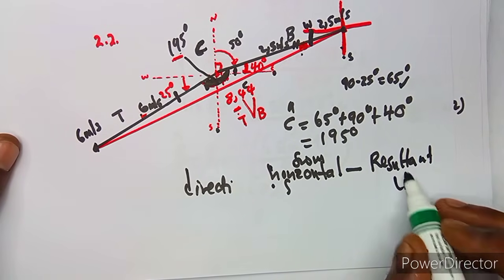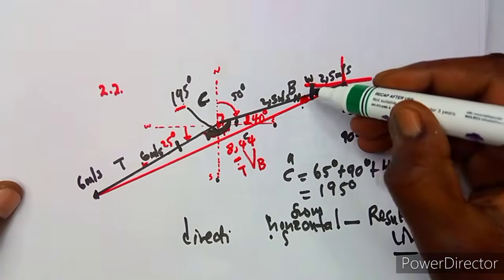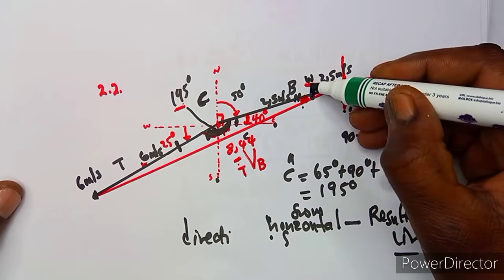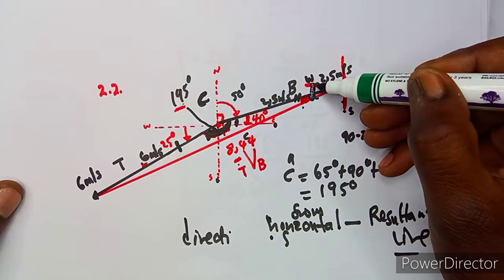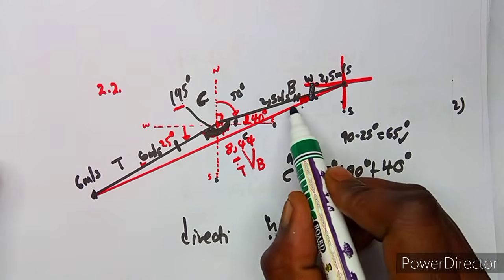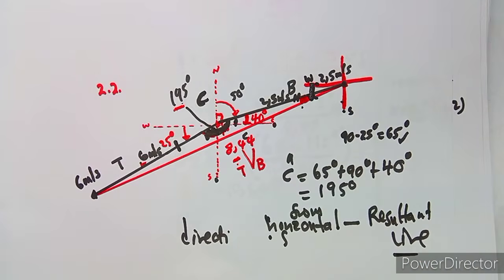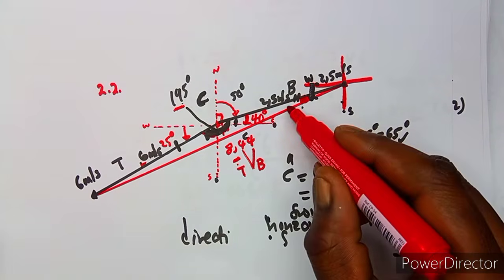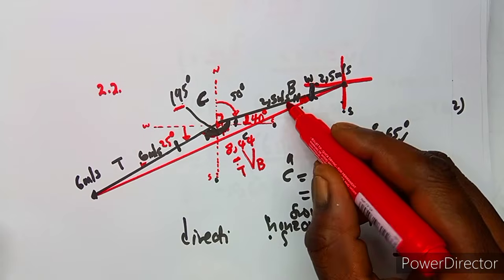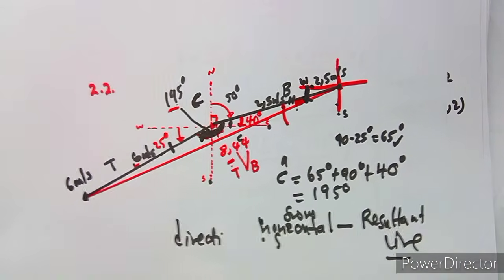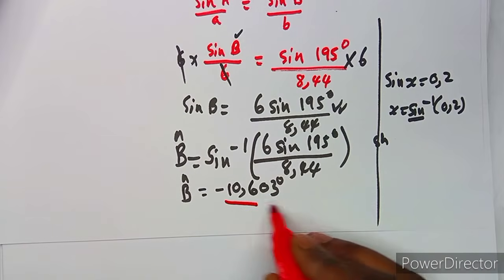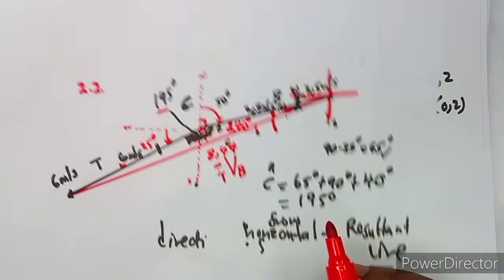This is your resultant, this is your direction, from the horizontal line to the resultant line. So the purpose of us calculating this B is this one that is in red. So why did we calculate this angle B that we just calculated now, which is minus 10 comma what, according to what we obtained?